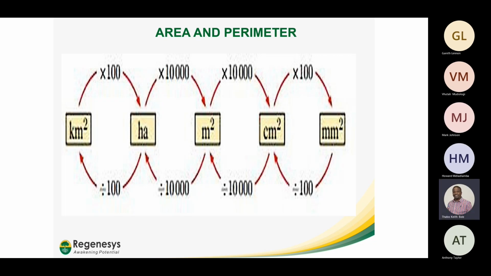You can refer to your study guide where you multiply by 100 in certain hectares and you divide by 100 to get the square meter, as we go on, as centimeters and millimeters.